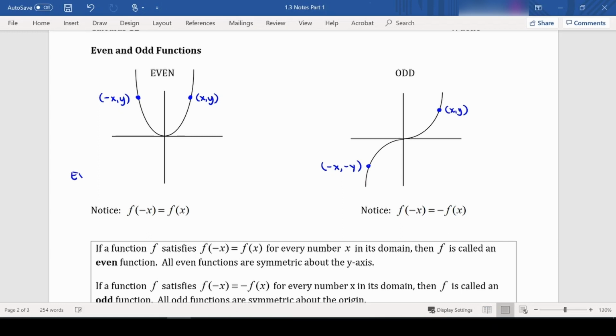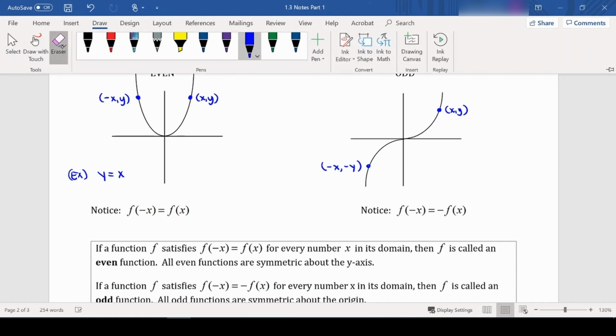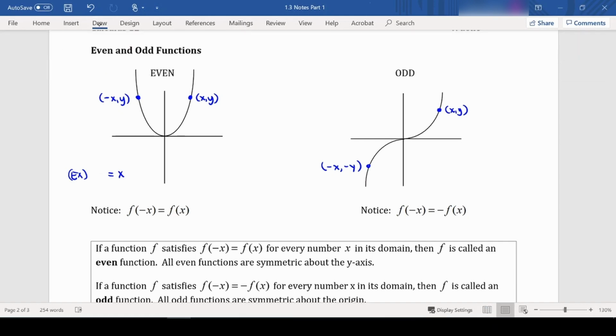So an example would be, I'll put it in function notation so that it's a bit easier to understand here. If you have f of x equals x squared, if you try f of negative x, you get (-x) squared, which is also x squared.